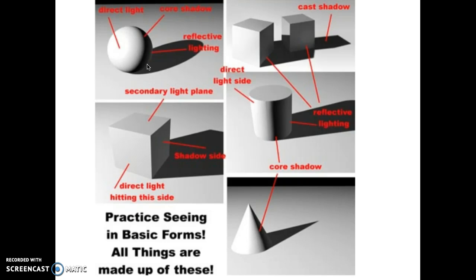But this shows us the different way that different shapes and forms show those shadow shapes. You'll notice that the curved shapes, like the sphere, the cylinder, and the cone, all have very gradually changing shadow shapes. They don't have sudden starts and stops.